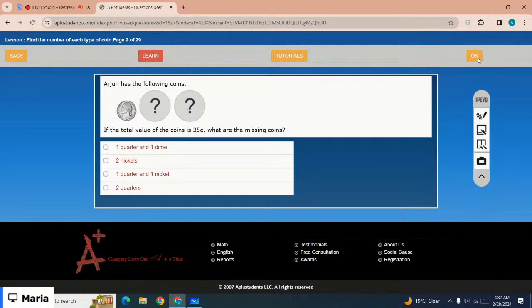Arjun has the following coins. If the total value of the coins is 35 cents, what are the missing coins? So which is the correct option?